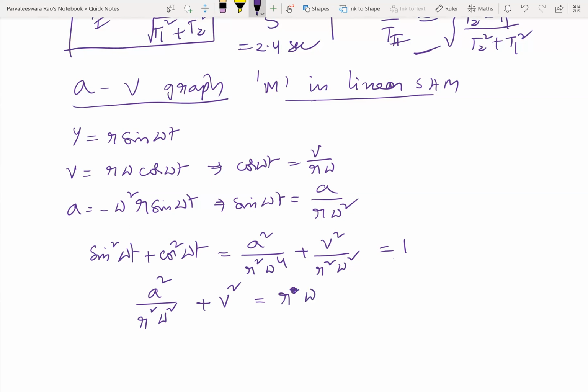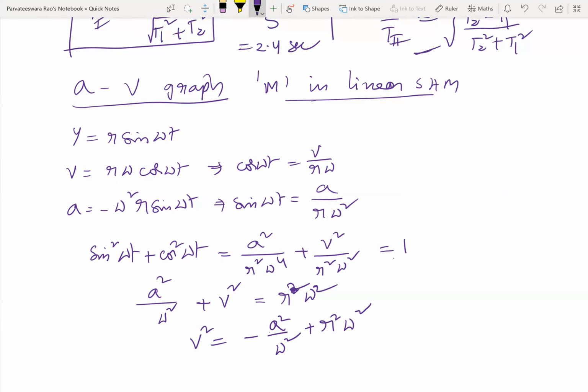Taking R square omega square across, here you are left with A square by omega square. Now leave V square here: V square is equal to minus A square by omega square plus R square omega square.